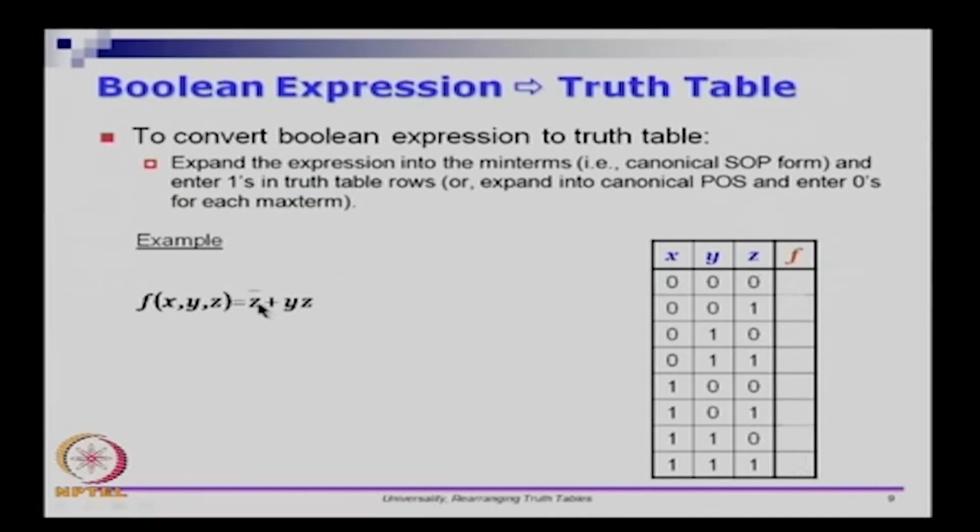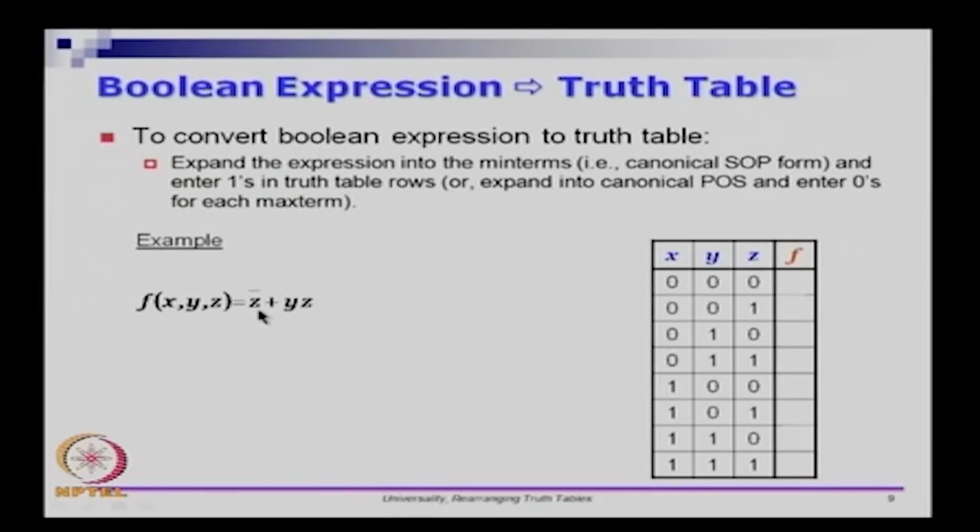First we take z bar. This is a sum of products, so I will take each of the product terms. The first product term is just a simple literal, z bar. To see its contribution to the truth table: whenever z is 0, the expression is 0 complement plus yz, which is the same as 1 plus yz, which is the same as 1.